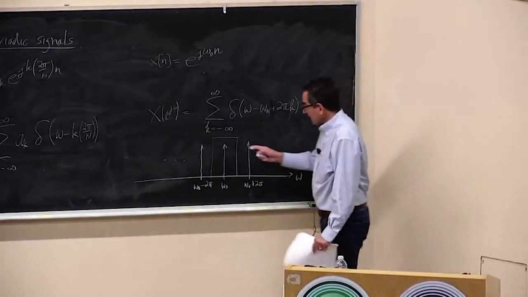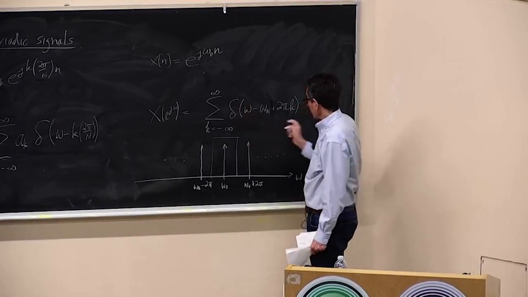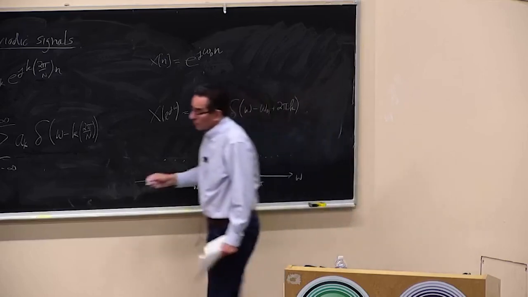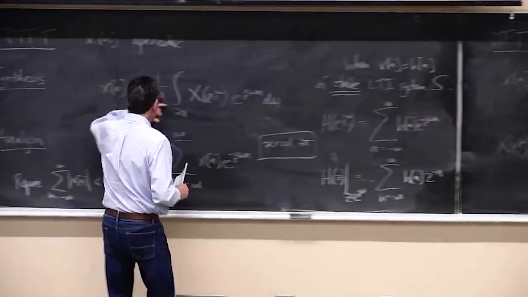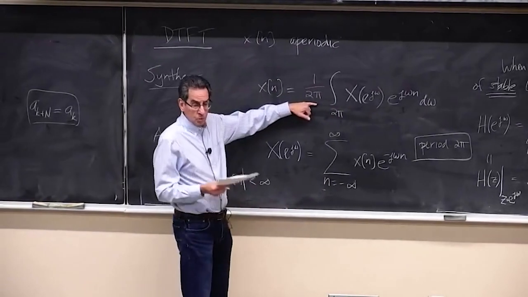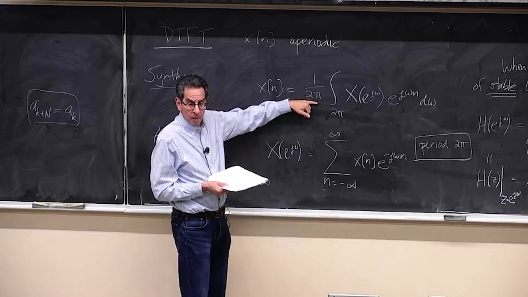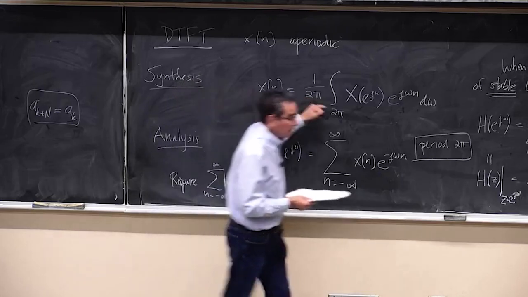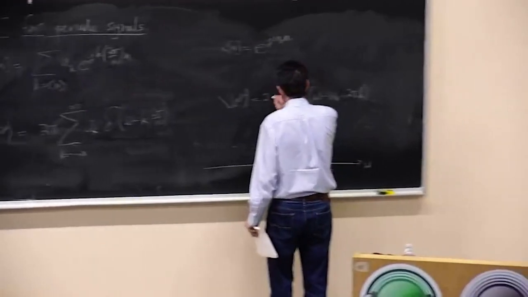When I do that, what I'm going to get is the integral of this, which is going to turn out to be 1, right? Because we're just integrating an impulse. But I have this 1 over 2 pi in the synthesis equation. So if I'm going to make that work, I've got to multiply this by 2 pi.